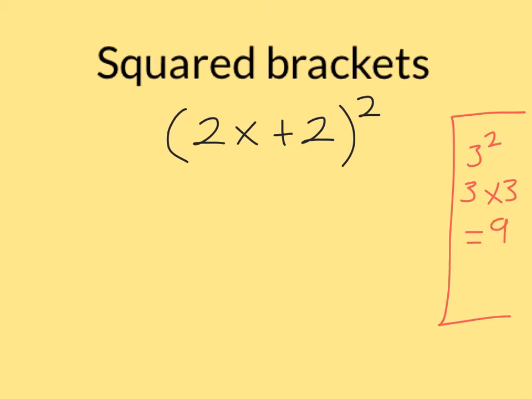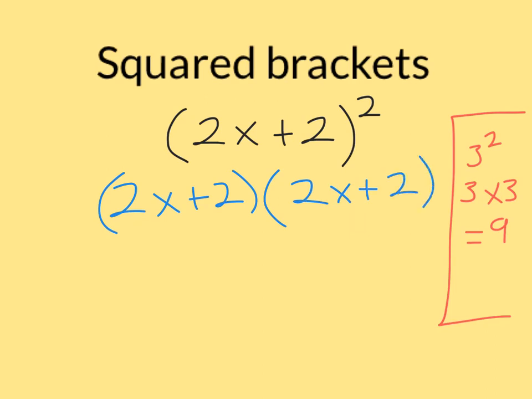Squared brackets are no different in the sense that when we see that this is squared, the whole bracket is squared, that basically means that what we're going to do in this question is 2x plus 2 multiplied by 2x plus 2. So you just write the bracket out twice, okay? We'll go ahead and solve that now.